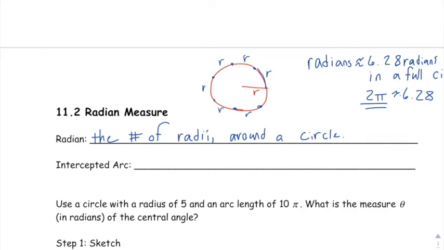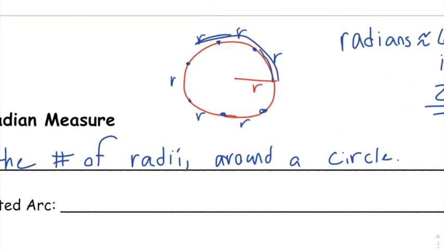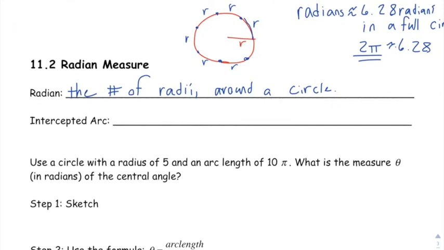Now, it doesn't have to go all the way around a circle. We could say only 3 radians around a circle, or 4 radians around a circle, or half a radian around a circle, however you want.